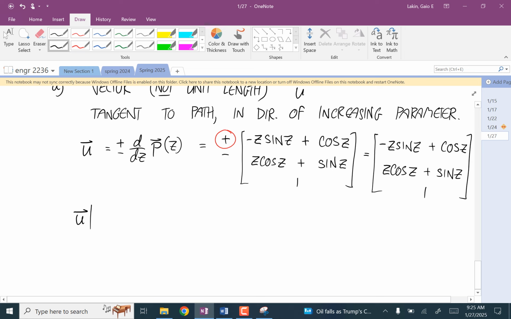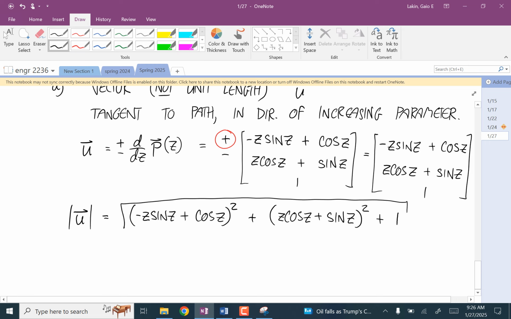We have to divide by the magnitude. The magnitude is the square root of (negative z sine z plus cosine z) squared plus (z cosine z plus sine z) squared plus 1 squared.